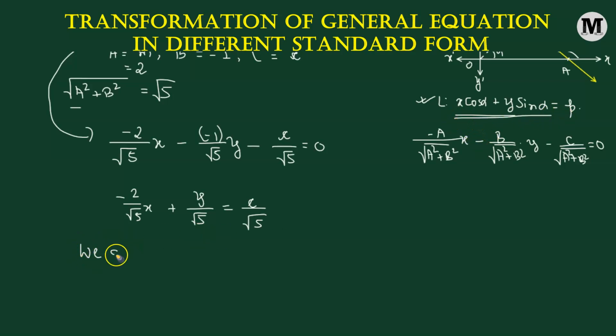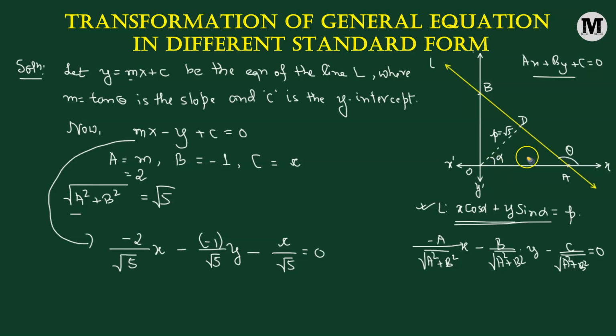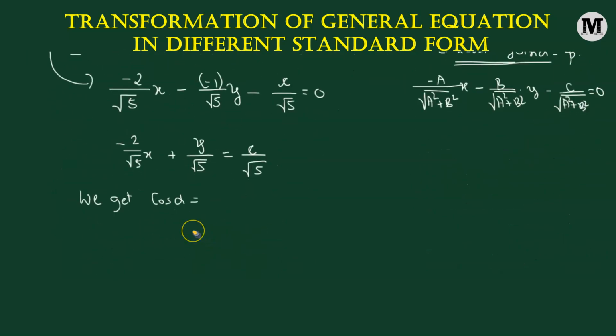If we compare this particular equation with the normal form of the line, so here we get cosine of angle alpha, where alpha is the angle that the perpendicular line we have, OD in our case, makes with the positive x-axis. So according to this formula, cosine of alpha becomes equal to -2 over square root of 5. Then sine of the angle alpha becomes equal to 1 over square root of 5.